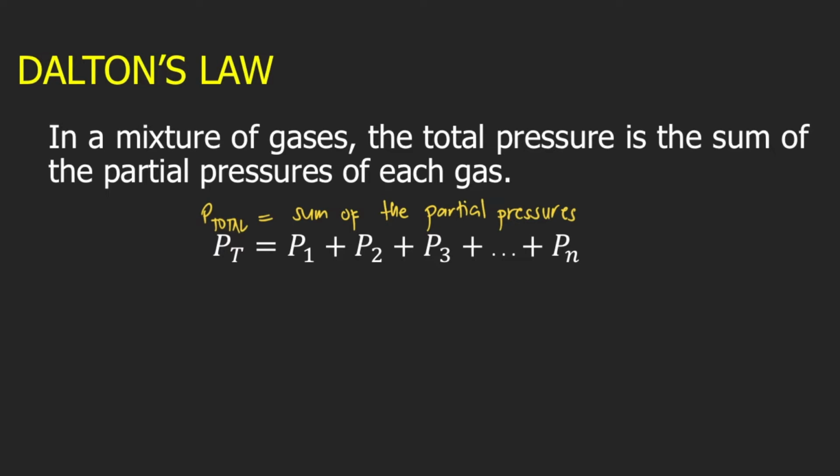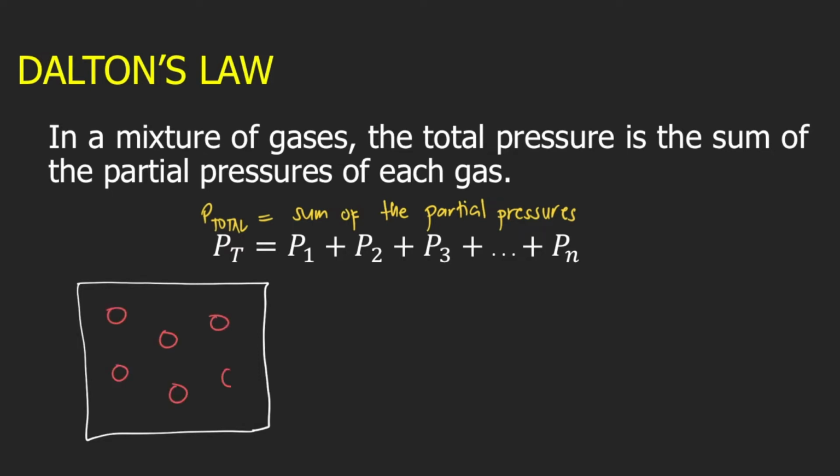So let's have again an illustration so you can better understand Dalton's law. So again, we have a closed container. Now inside the container, we have these red particles. This represents gas A. We have these blue particles.